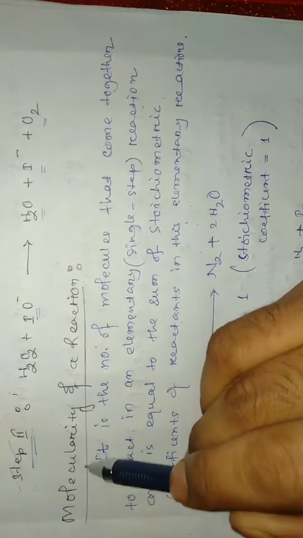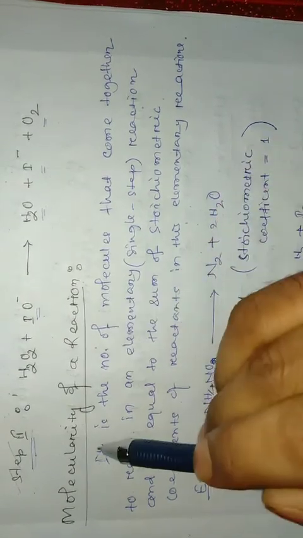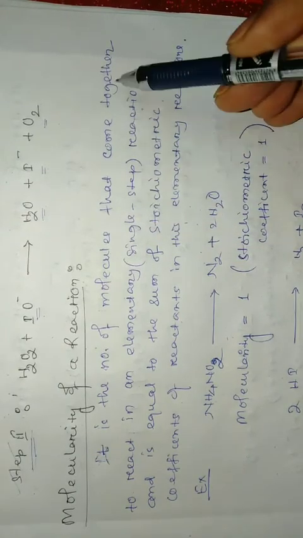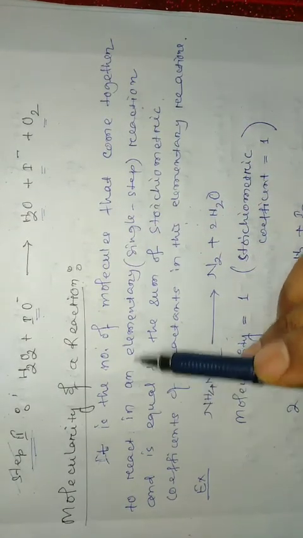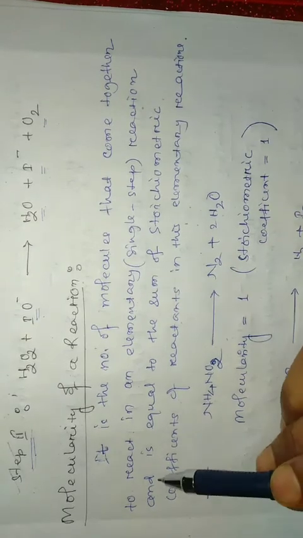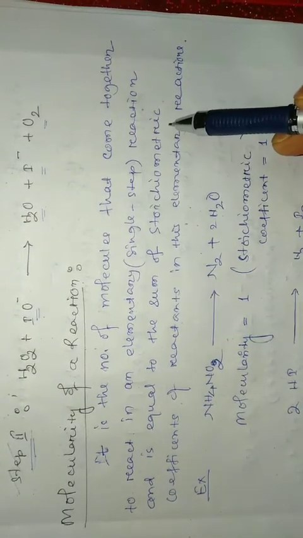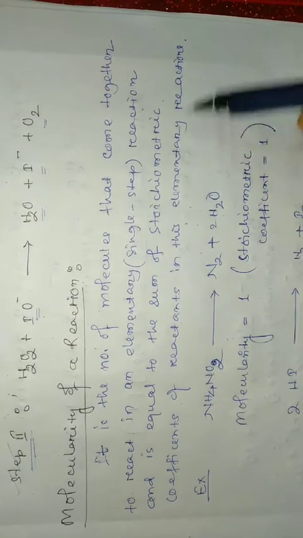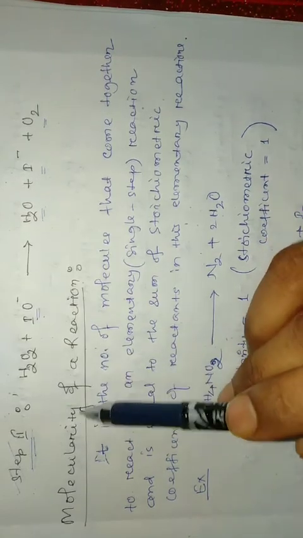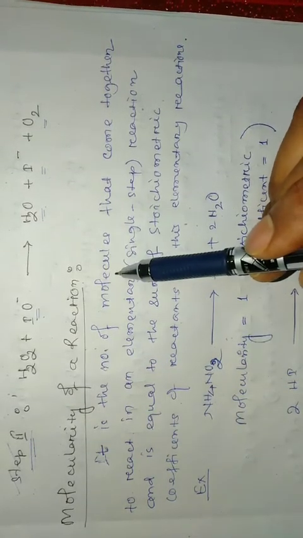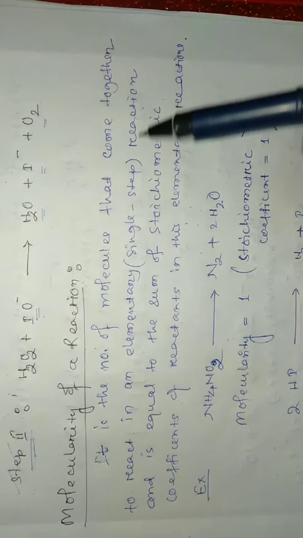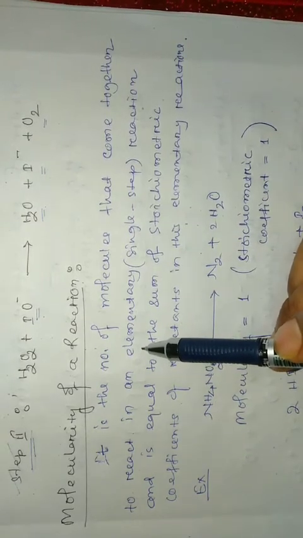So the next topic is the molecularity of a reaction. What is the molecularity of a reaction? It is the number of molecules that come together to react in an elementary reaction and is equal to the sum of the stoichiometric coefficients of the reactants in this elementary reaction. The total number of reactant molecules that come together to form the product in a chemical reaction is called the molecularity of the reaction.